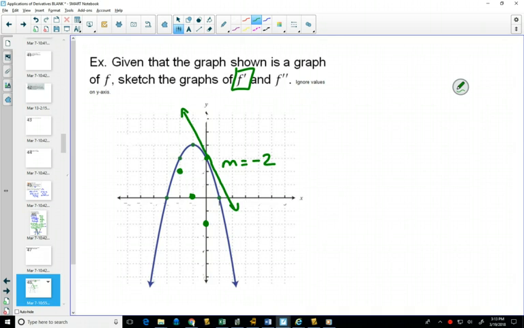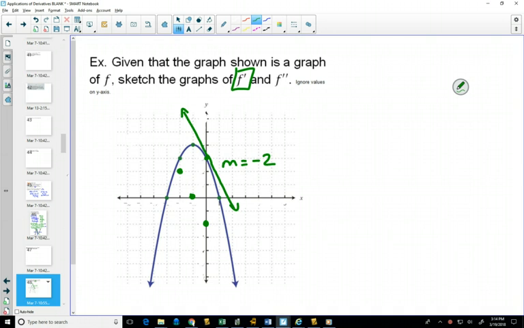Some other things that I would use in graphing my derivative is I would make some assumptions. One of the assumptions I might look at is, I'm assuming that original graph is a parabola. It may not be. I could have an x to the 4 graph that has a very similar shape that isn't an x squared graph, but you probably couldn't tell perfectly just by looking at it that it was one or the other.